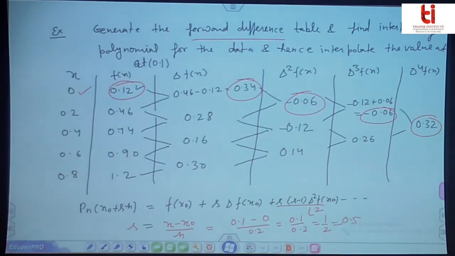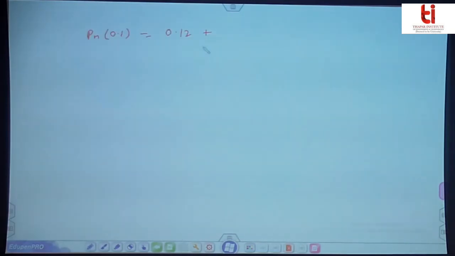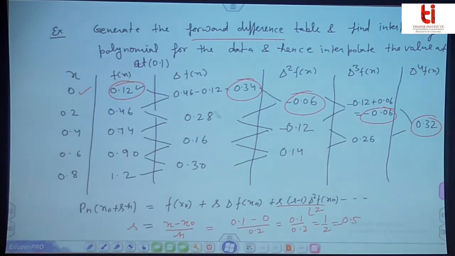Now put the values inside the formula. So what will you get? P of 0.1, as x0 plus sh, equals 0.12 plus s, and s is 0.5, that is 1 by 2, times 0.34, plus 1 by 2 into (1 by 2 minus 1) by 2 factorial, times the second difference, minus 0.06.